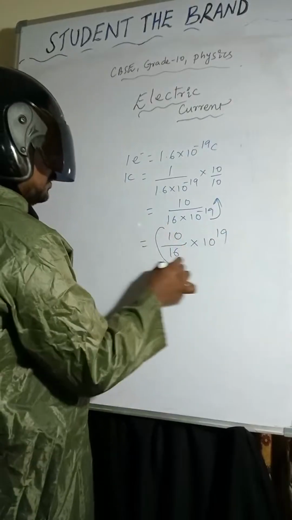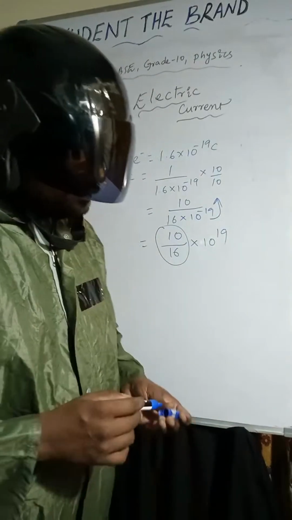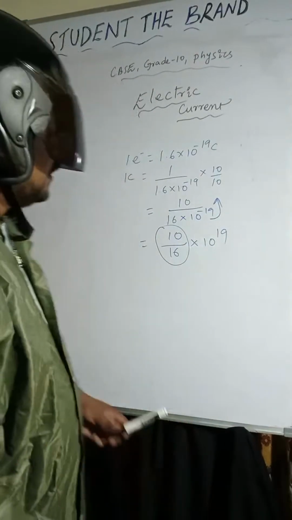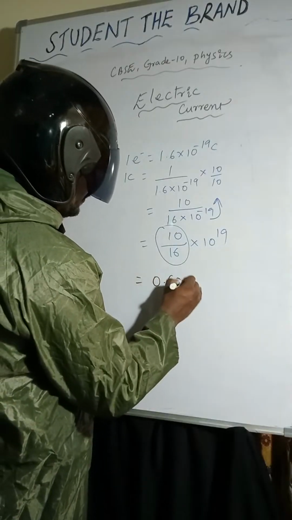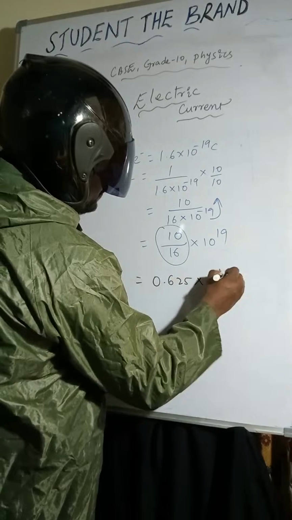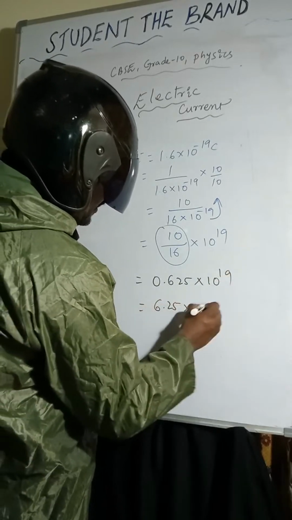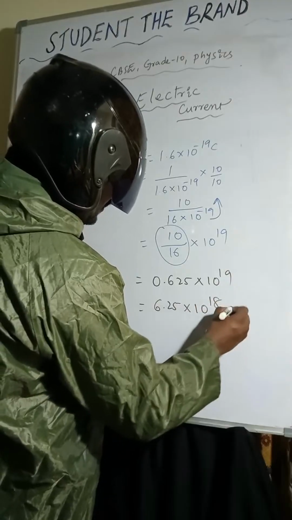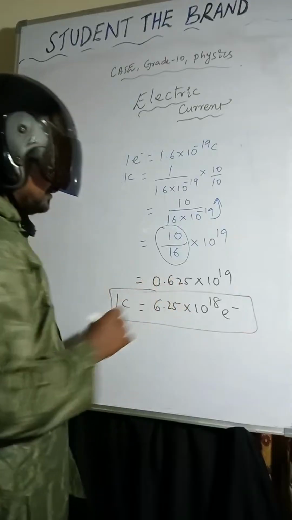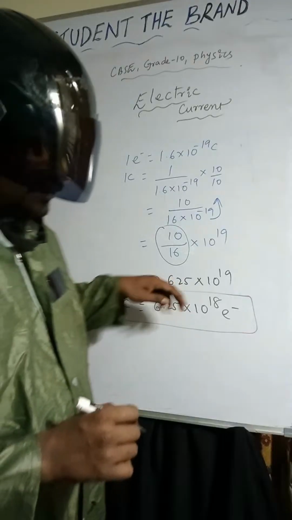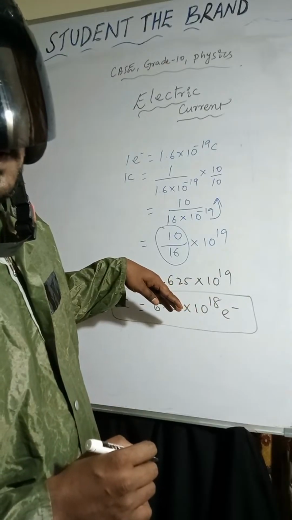If you do 10 by 16, you get 0.625 into 10 power 19, which is 6.25 into 10 power 18 electrons. So in 1 coulomb, 6.25 into 10 power 18 electrons are present. This value is very important.